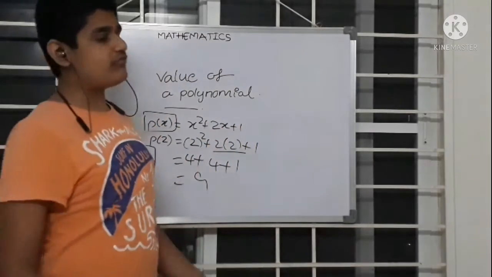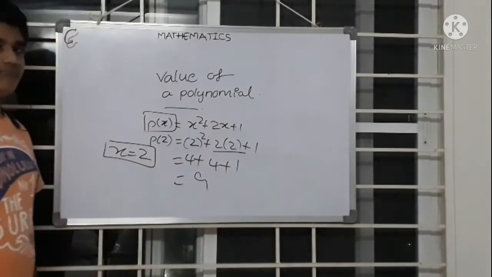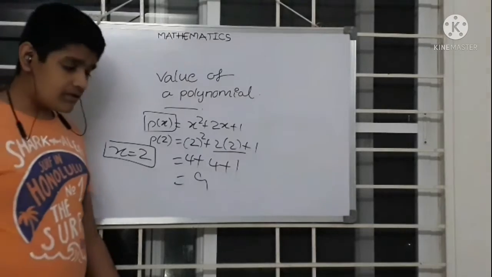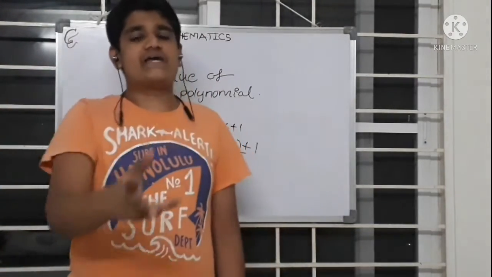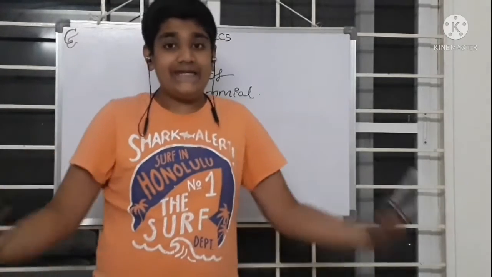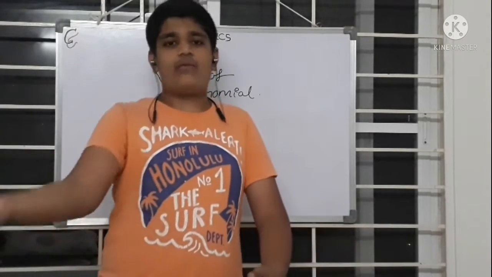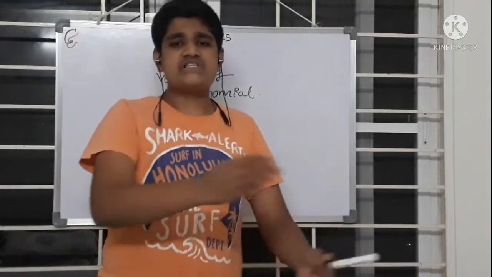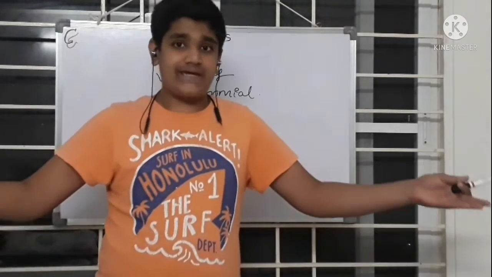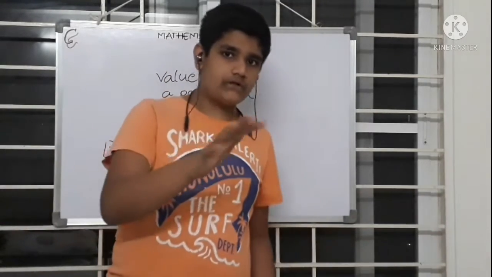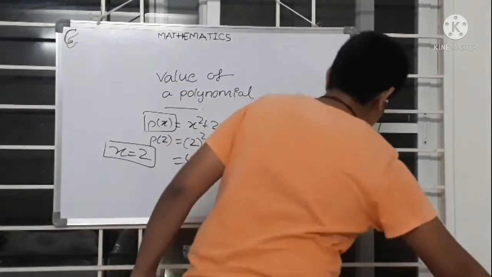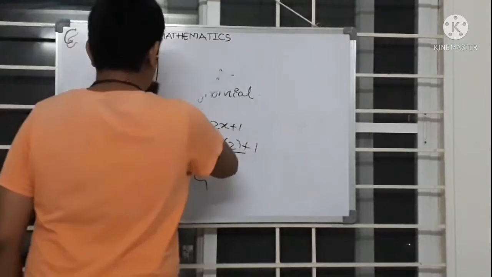So this is the value of a polynomial. You have to substitute the value of x with any number, then you will get some value. That is the value of P of x for x equal to some k. Done? Understood?